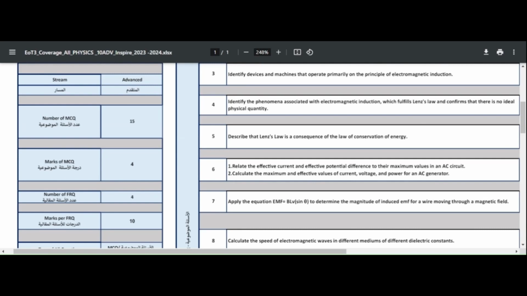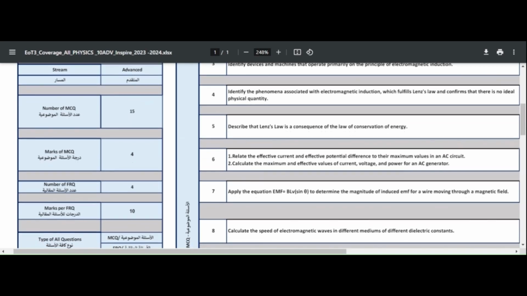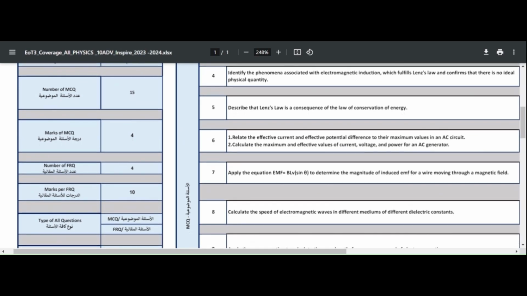It is also used in the microphone, which uses the principle of electromagnetic induction, and even braking. Braking uses electromagnetic induction to produce eddy currents. So electromagnetic braking is used in cars and vehicles. These are some of the devices and machines that operate using electromagnetic induction.